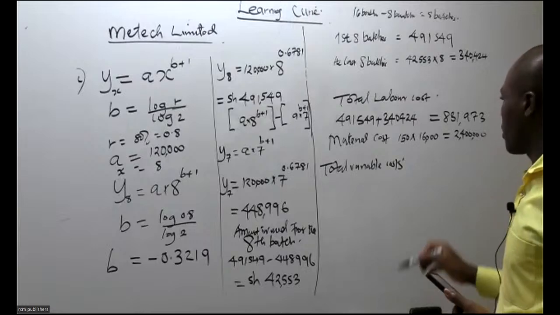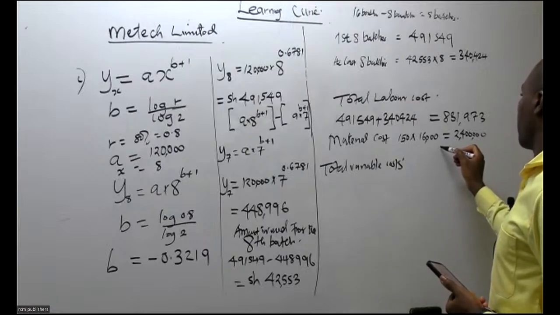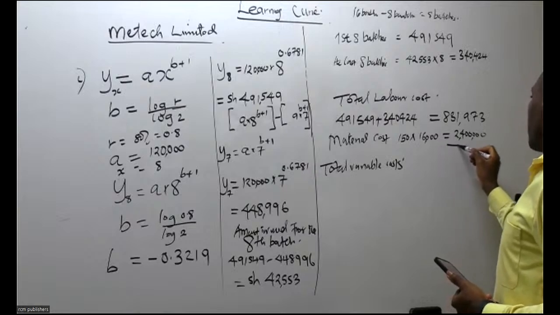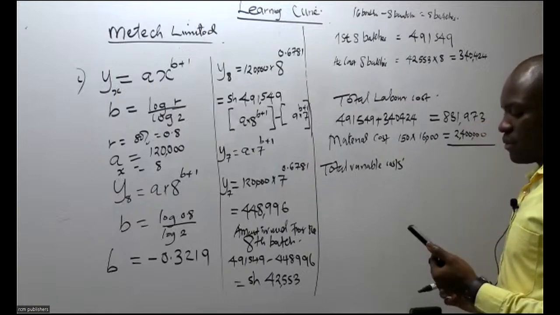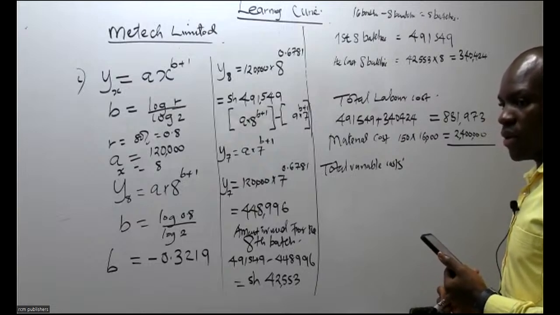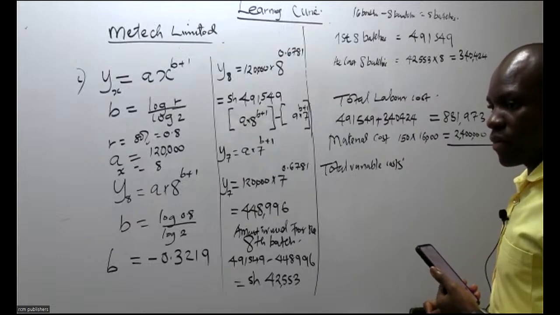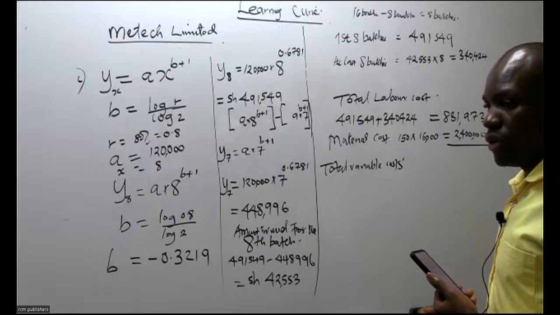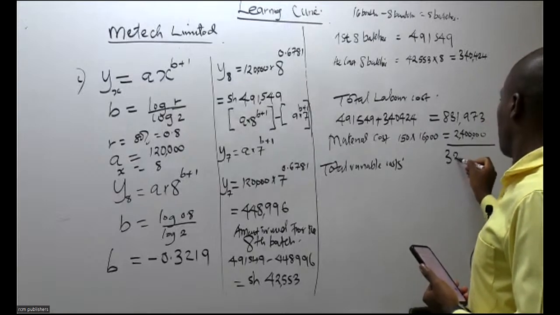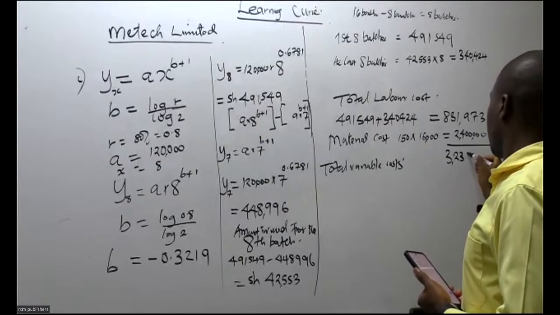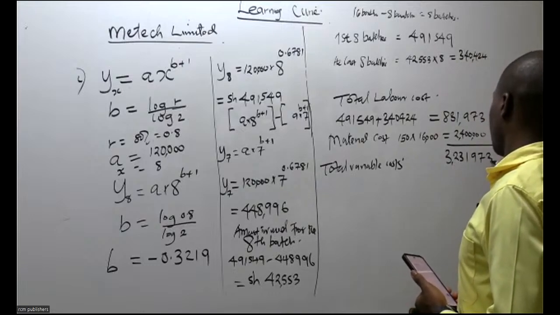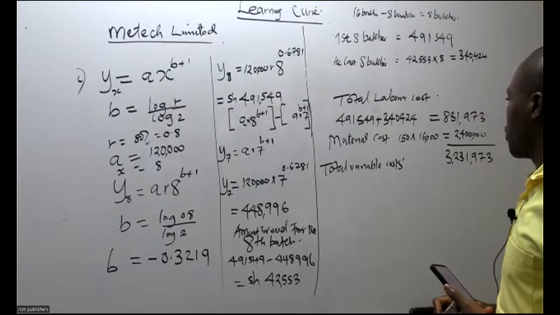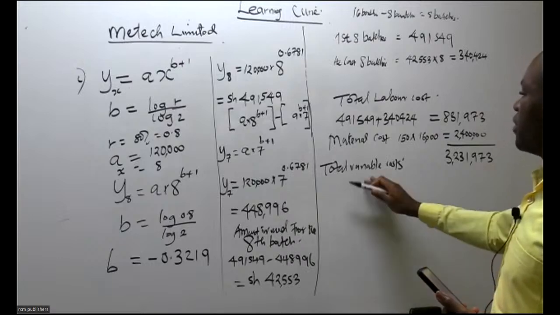That is our total material cost. So if you add everything, this plus this, what will we have? 3,231,973. That is the total variable cost.